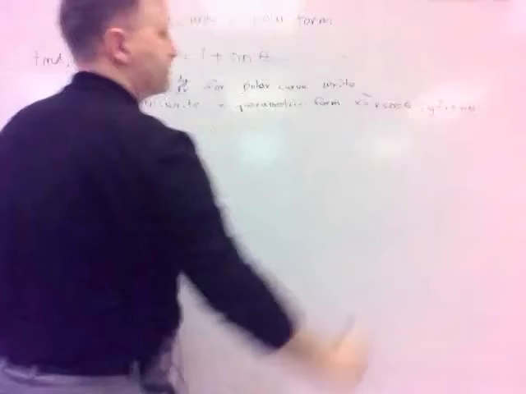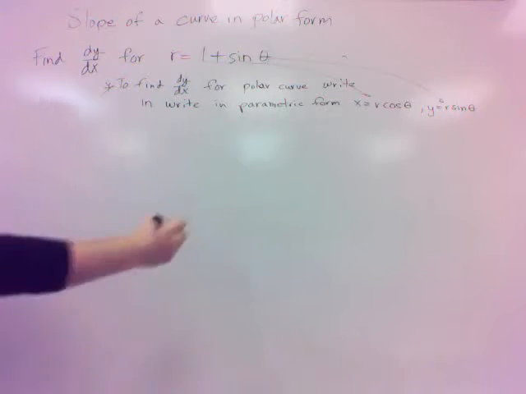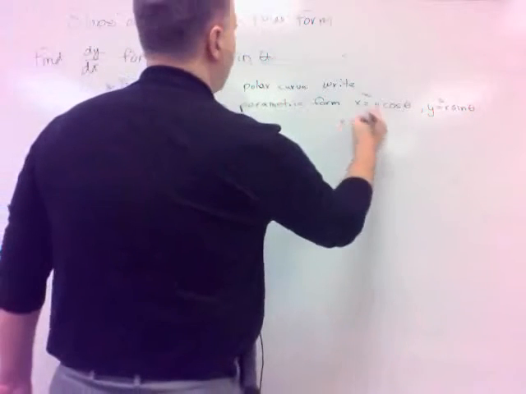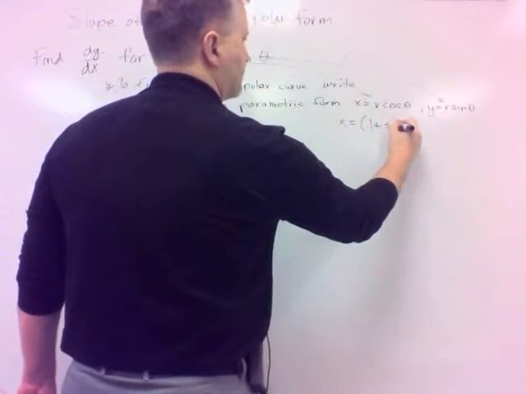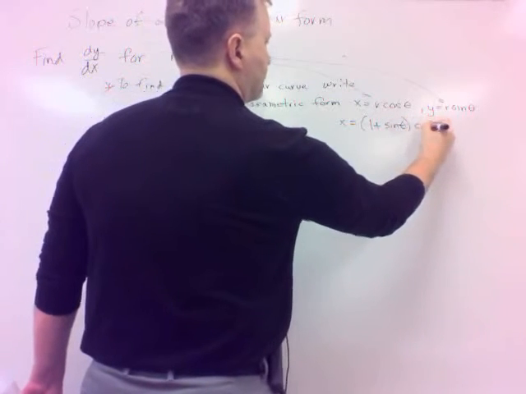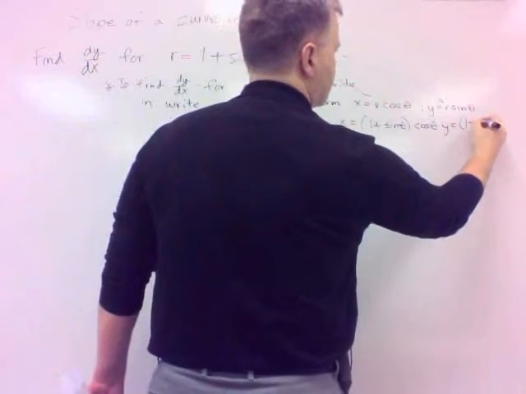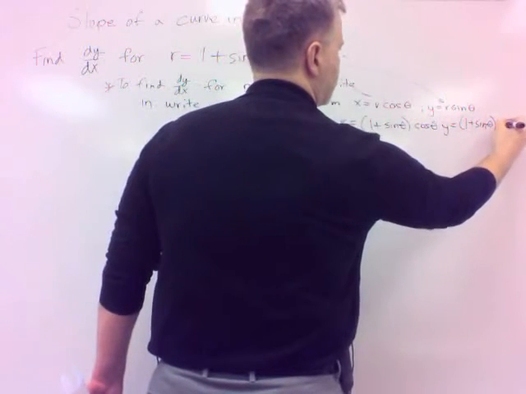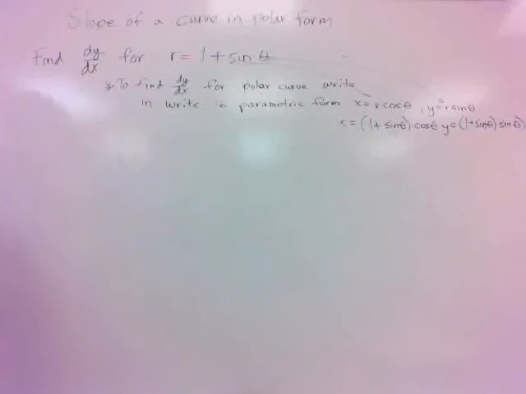Okay, and then do the derivative off of that. So in this case I've got x equals 1 plus sine theta, times cosine theta, and y is equal to 1 plus sine theta, times sine theta. Okay?